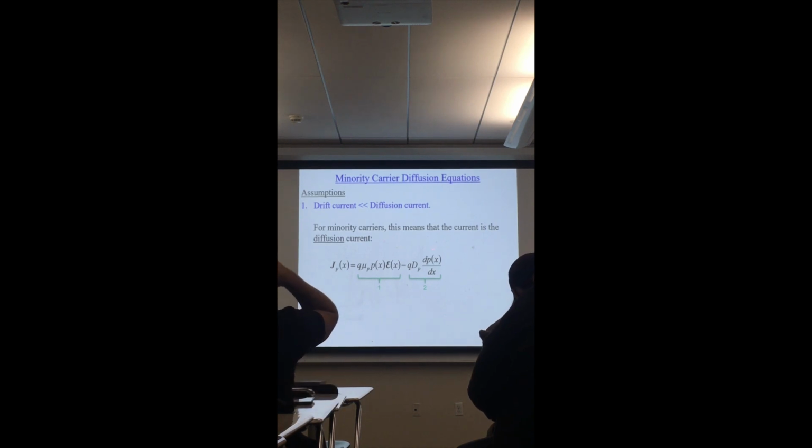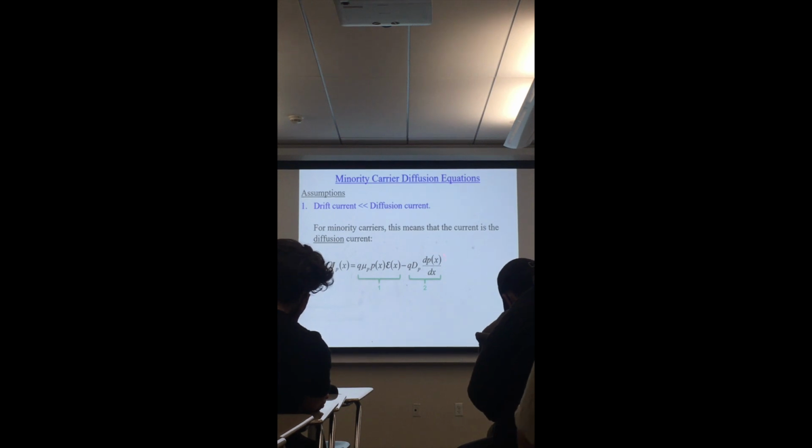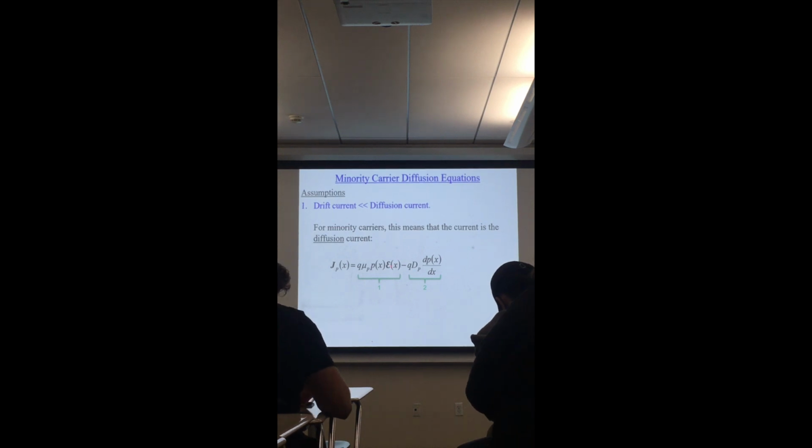So this is the gradient in carrier concentration. So this is the diffusion current. And for the drift current, the driving force is the electric field. So the first part, term 1, is the diffusion current. So now we can ignore this drift current, right?